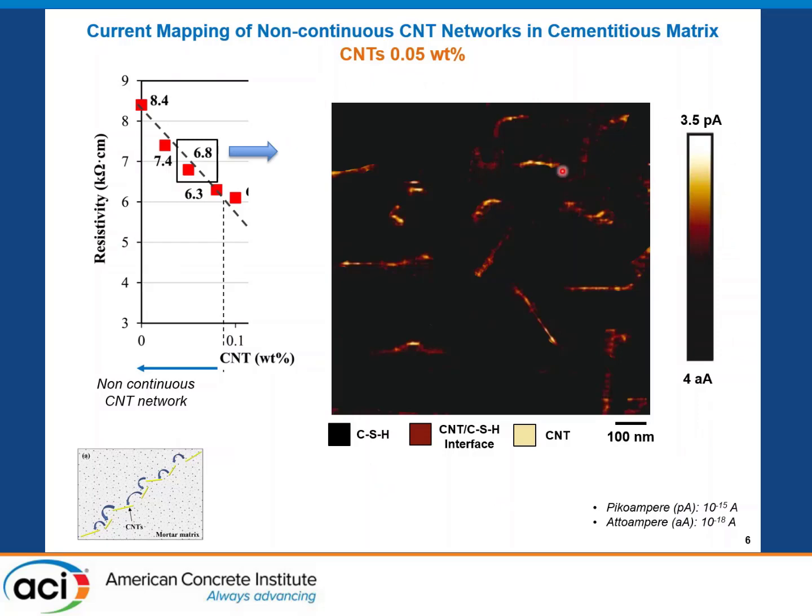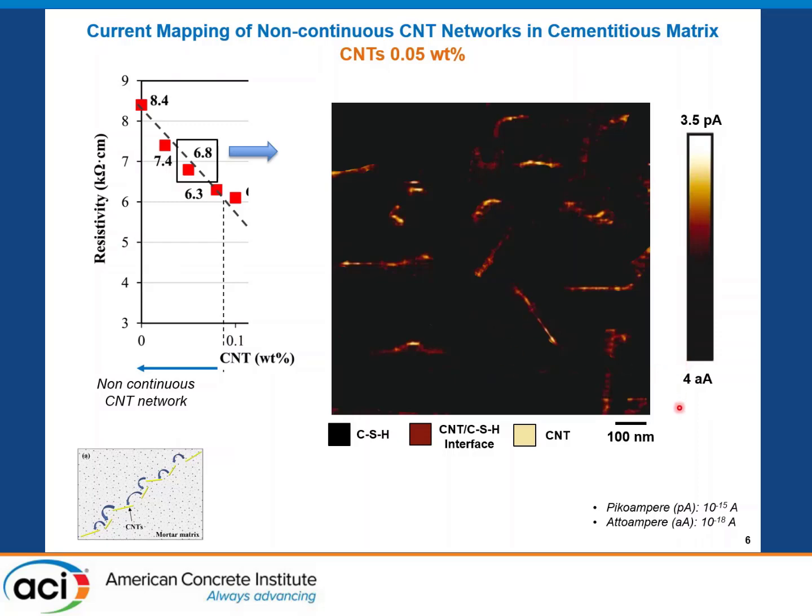In the white, light colored spots, we see the current measured on the CNT surface, about 3.5 picoamperes. The dark brown color is the current mapping of the cement hydration products, the CSH.